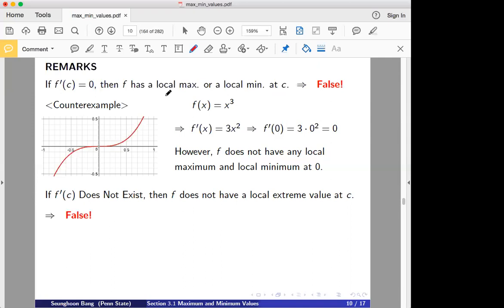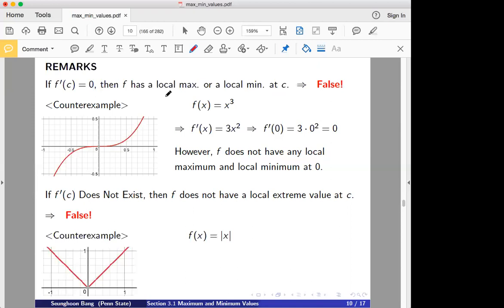This is also false. We have a counterexample: f of x equals the absolute value of x. Like this. There is a local minimum at x equal to 0. But what's f prime of 0?